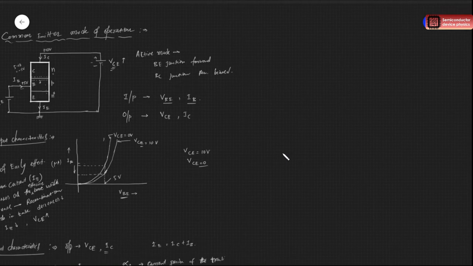We'll just draw the circuit, then you can easily understand that common collector is very similar to common emitter. So just doing it on the same page so that we can compare. Common collector.